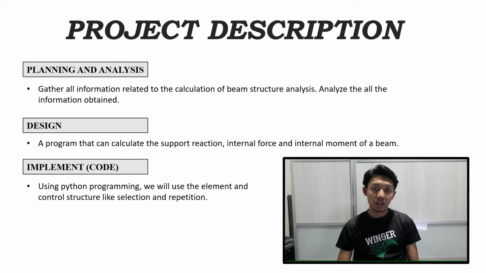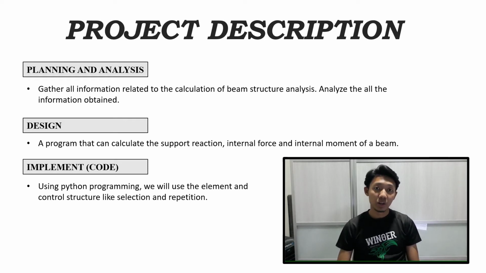After we get all the information, we can design our program. Based on our proposed design, we would like to create a program that can calculate the support reaction, the internal forces and the internal moment at the cut section.